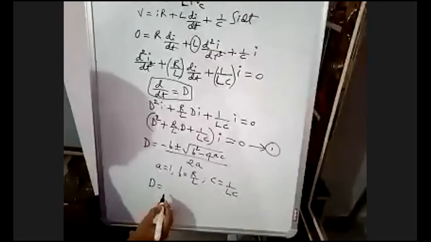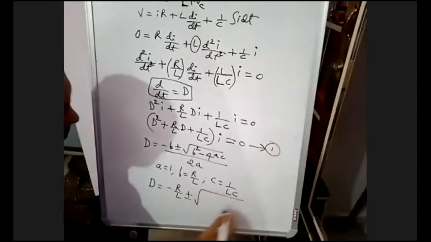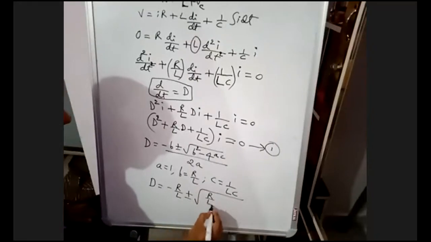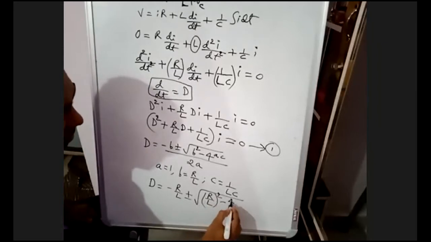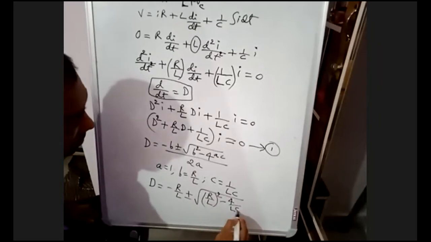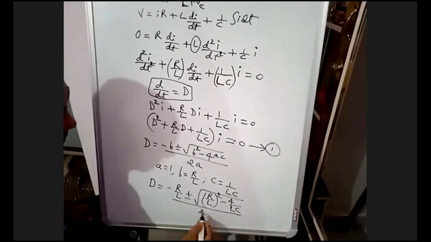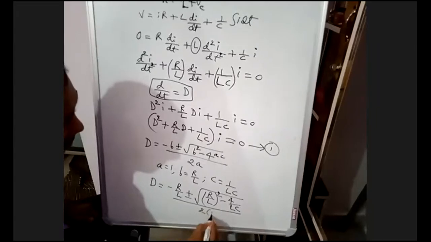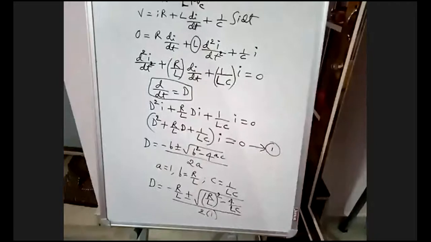Now determine the roots. So for a second order equation, you have to determine the roots for D square plus R by L into D plus 1 by LC.